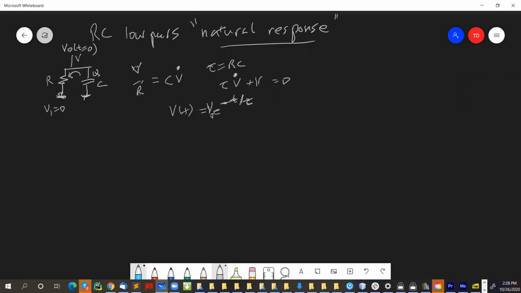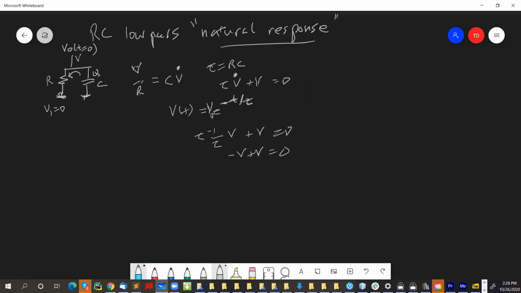Let's just check that that actually solves the equation, right? So now I take tau times V dot. If I differentiate this function with respect to time, I get back the exponential again times minus 1 over tau times V, plus V equals 0. Is that true? Yeah. Minus V plus V equals 0. So it works. It's a correct solution.